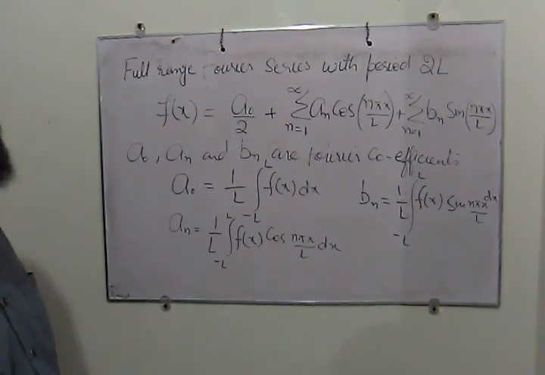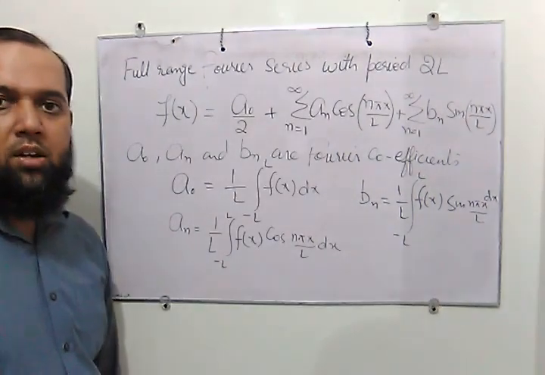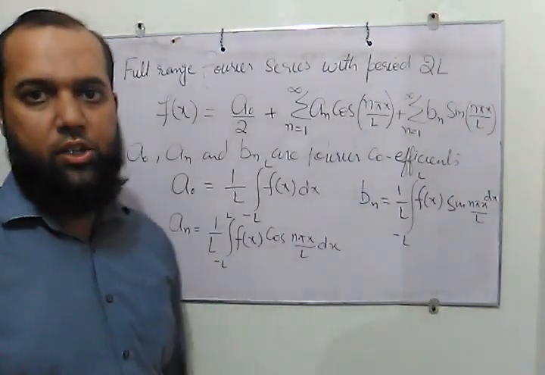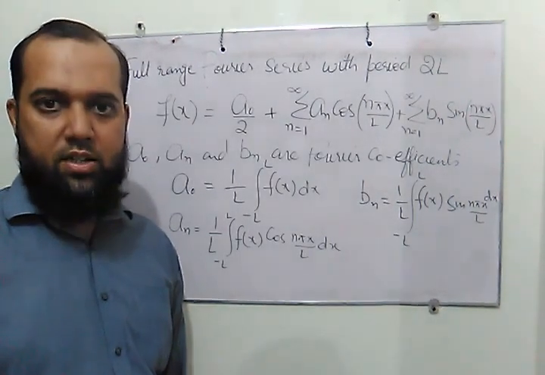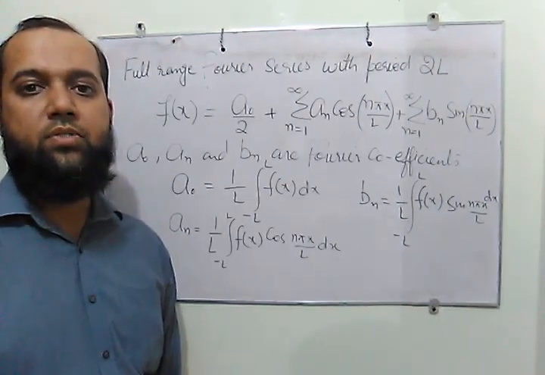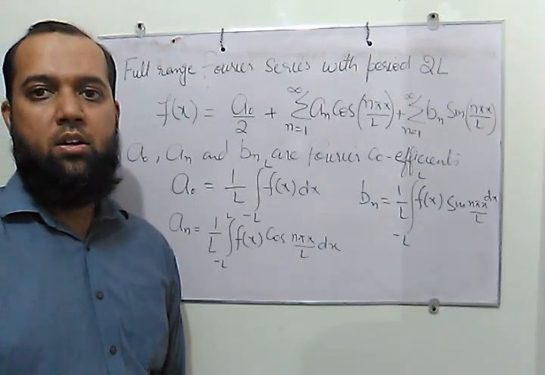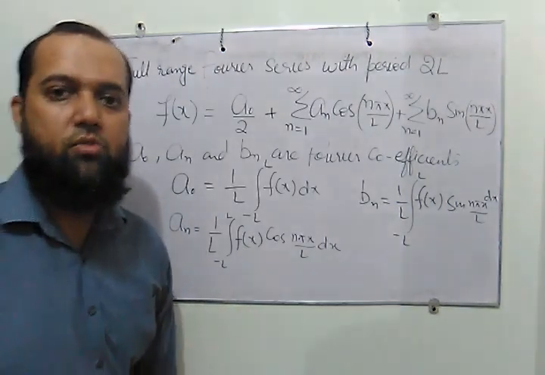If we have a function x square, we can draw that function easily. But for a harder function, we can write it in terms of sines and cosines, which is easy to draw.